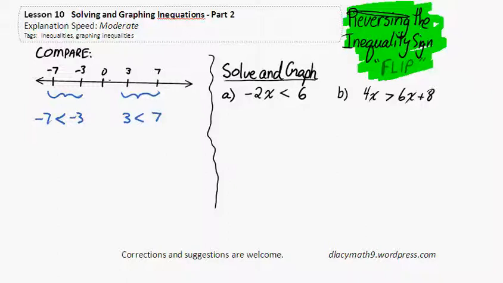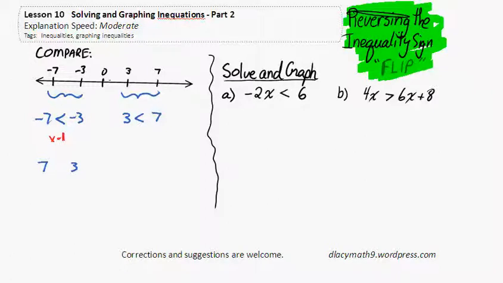Here's what I want to do. I want you to imagine that I multiply both sides of this inequality by -1. If I do, then what happens is -7 times -1 becomes +7, and -3 times -1 becomes +3.